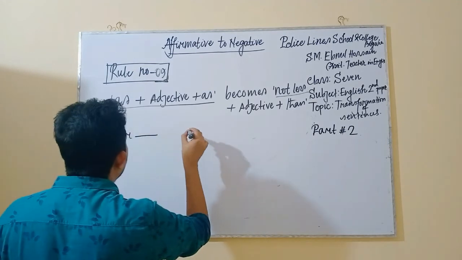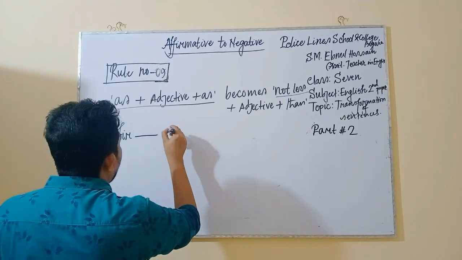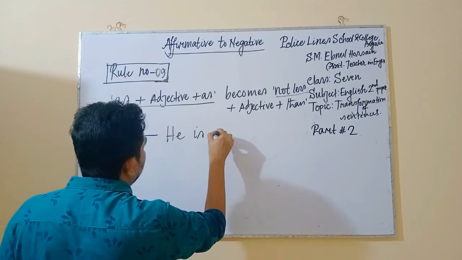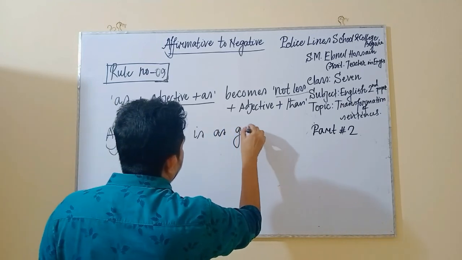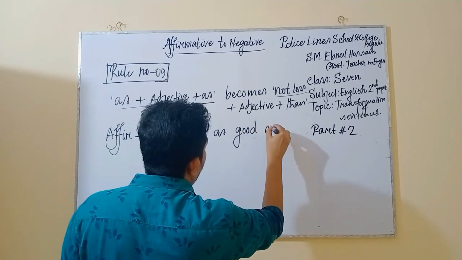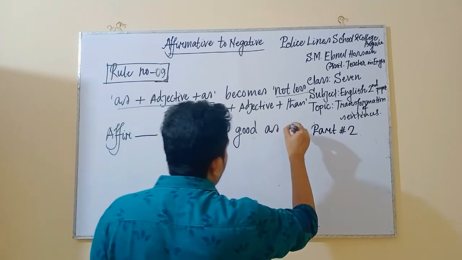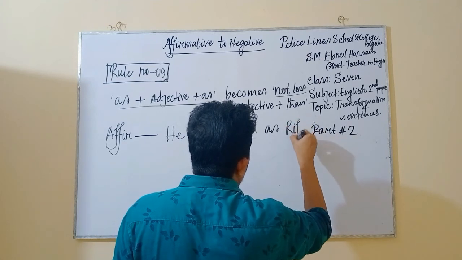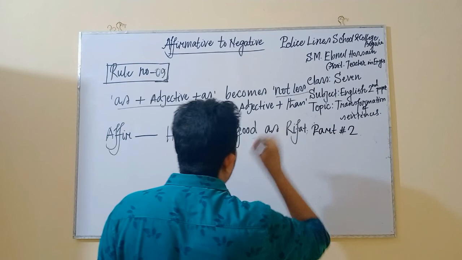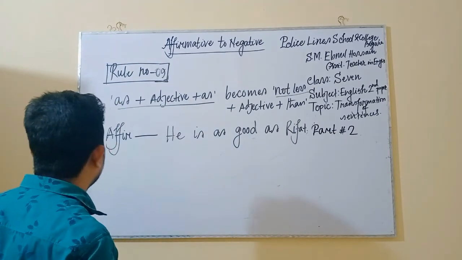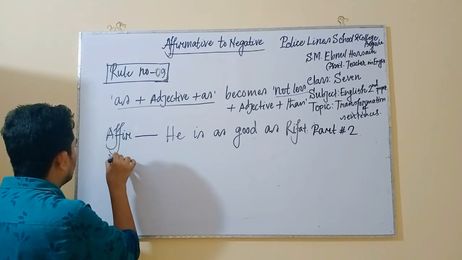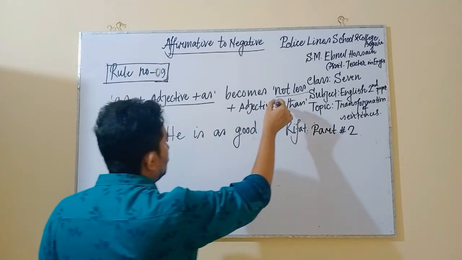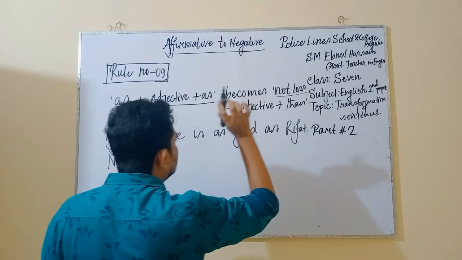Affirmative sentence: He is as good as refined. So we can change this affirmative sentence into a negative one by using the structure "not less" plus adjective plus "than".